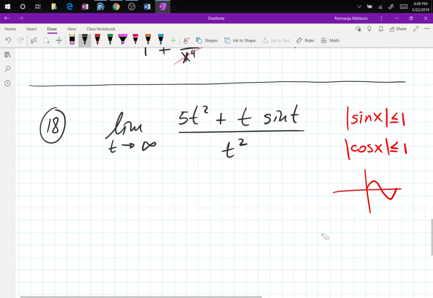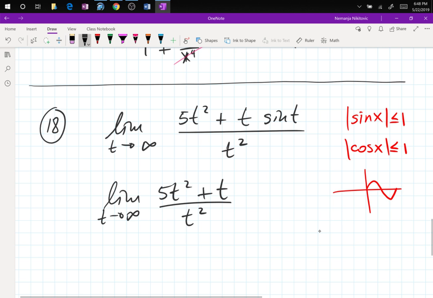So this problem technically is 5t squared plus t divided by t squared, because this sine t doesn't contribute at all to the limit at infinity.